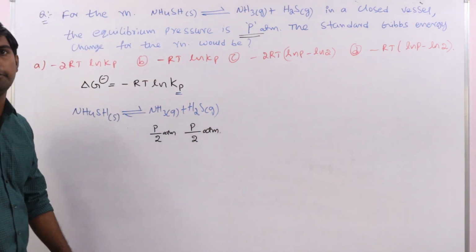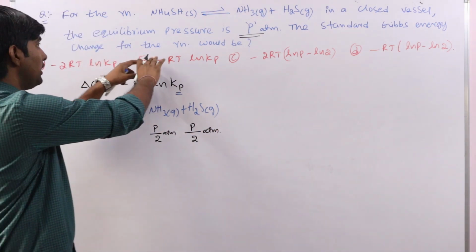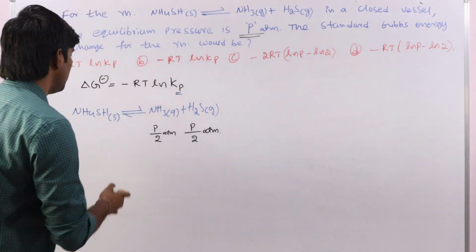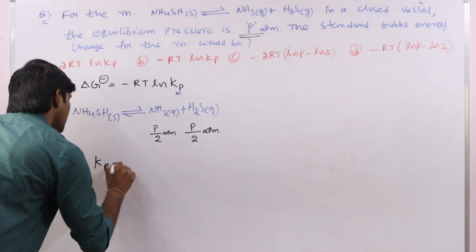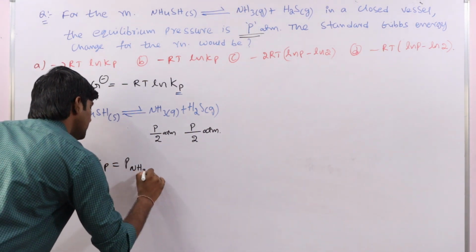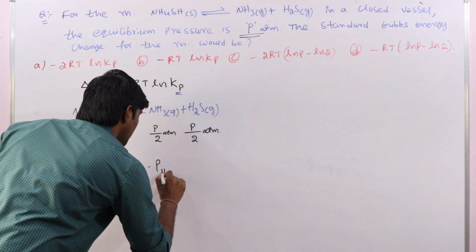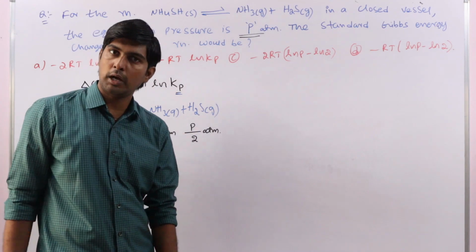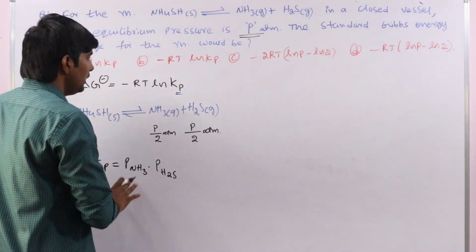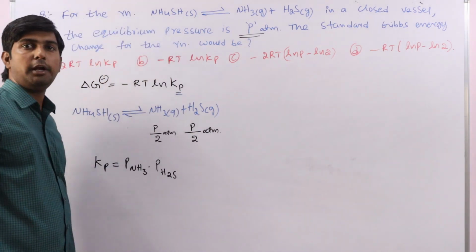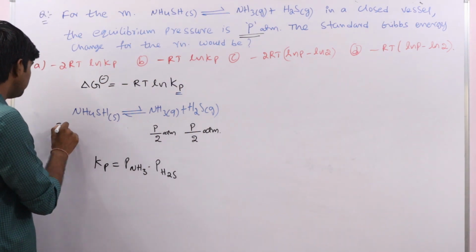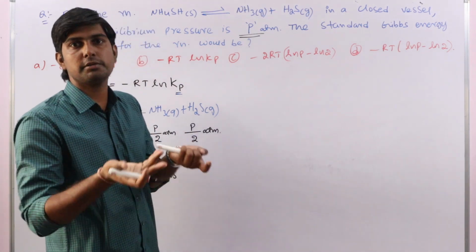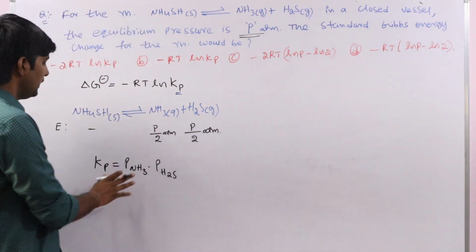This step is very important. They have given total pressure, but we have to find the partial pressure. To calculate Kp, we need partial pressure of NH3 times partial pressure of H2S. So from the total pressure we calculate partial pressures at equilibrium. P by 2 plus P by 2 equals P atmosphere. Clear?